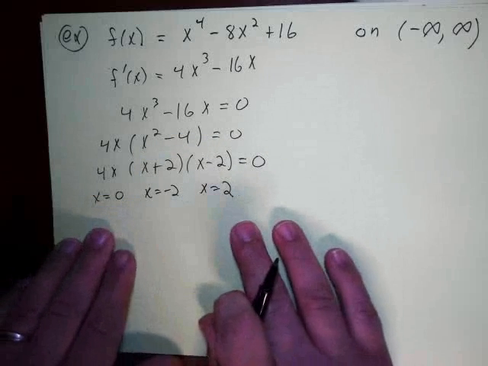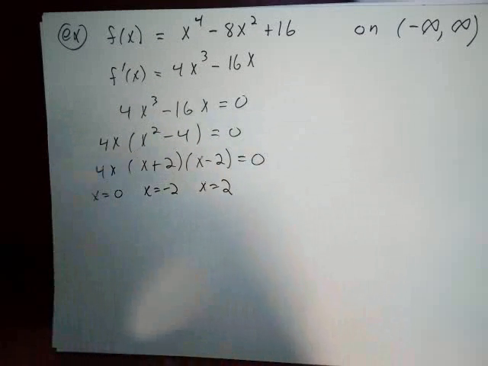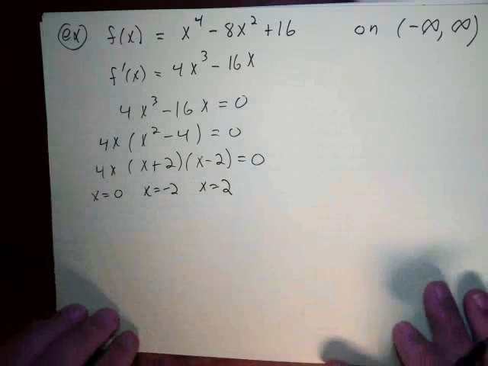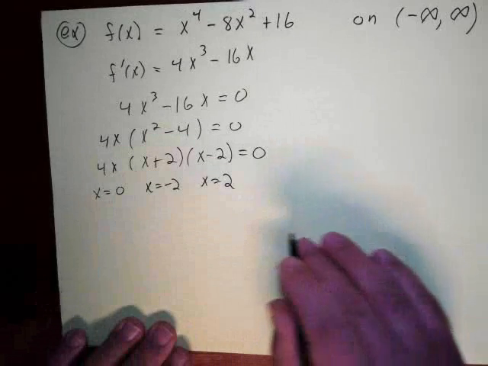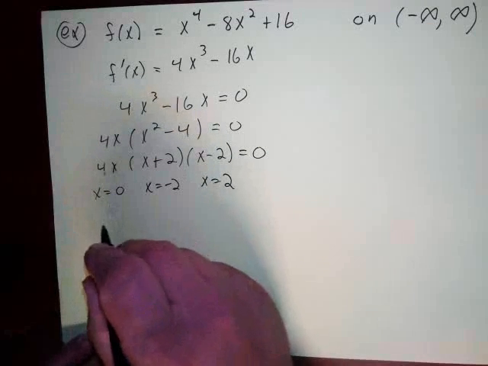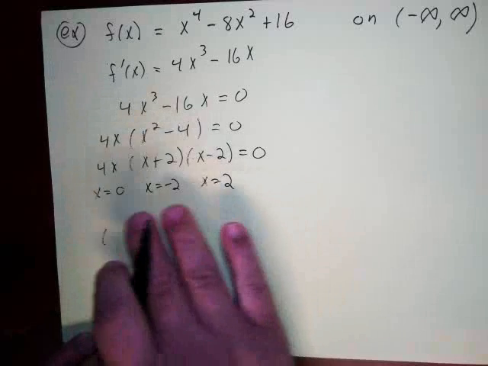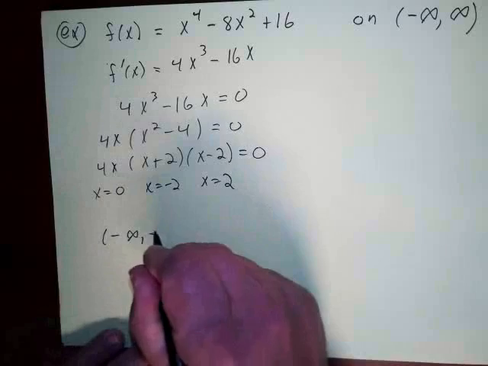Now it doesn't mean that each of those critical points will be a relative min or max. So this is where the first derivative test comes into play. And we're going to do that by actually setting up a table, and these critical points are going to break up the domain into these open intervals.